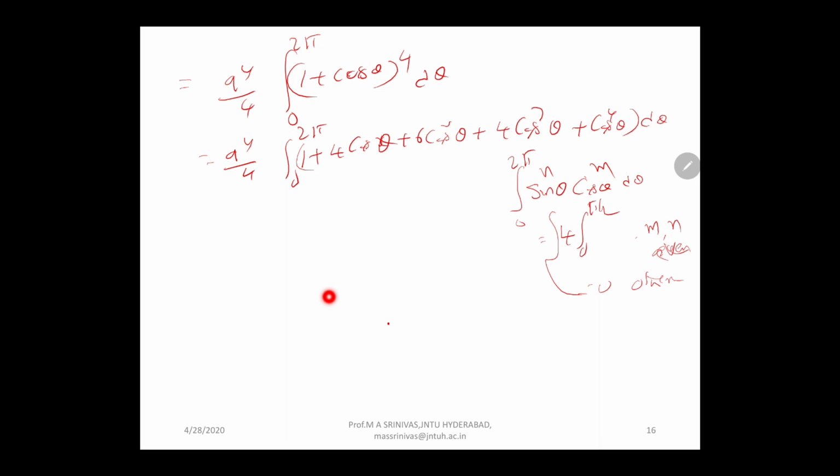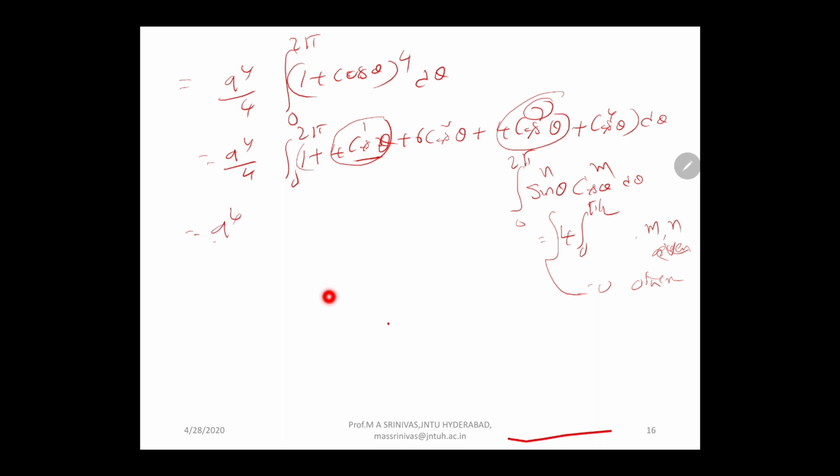Whenever you have an odd power for cos, that will be 0. The integral of cos is sin theta, and if I substitute the limits 0 and 2 pi, that will be 0. So these go out, and the remaining part will be there.